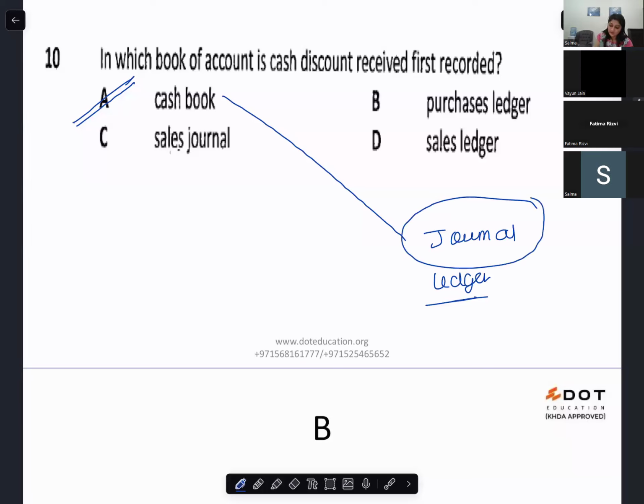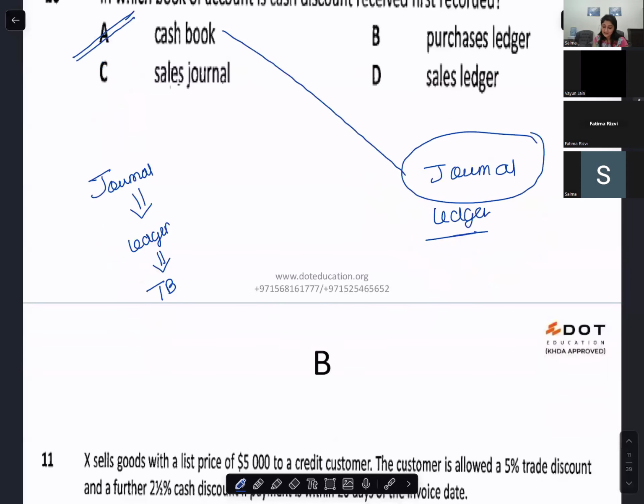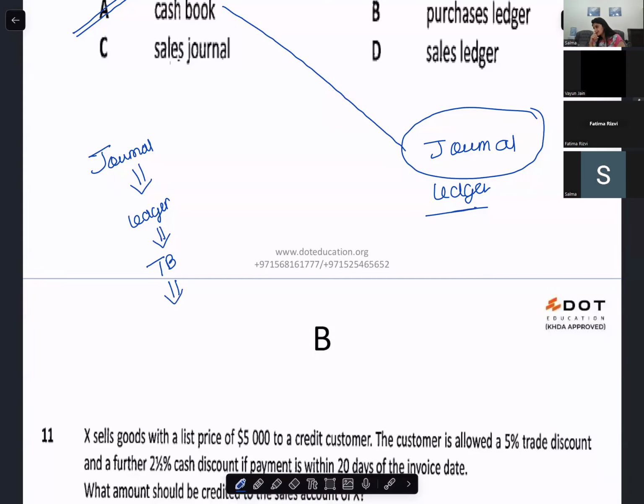From the journal it goes to the ledger, then to the trial balance, then to the financial statements, that is the income statement or the statement of financial position.